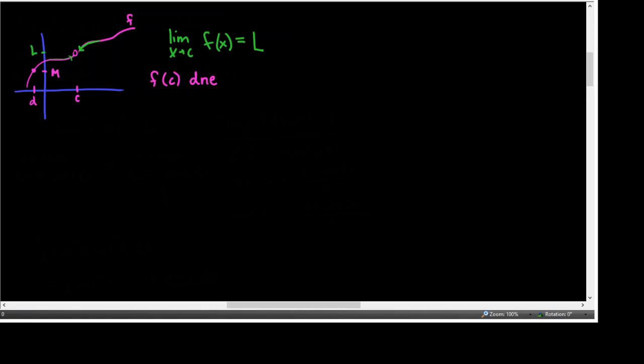Then for this one we could say that the limit as x approaches d for f of x, from both sides it's approaching m, okay? But this time f of d happens to also be equal to m. And that's a nice circumstance because the limit value and the function output value happen to be the same.